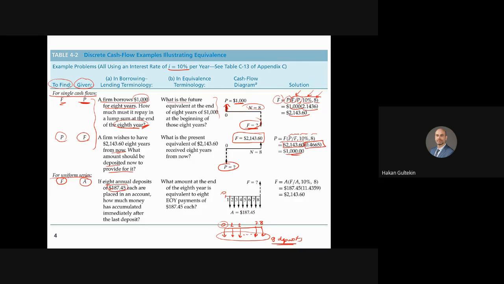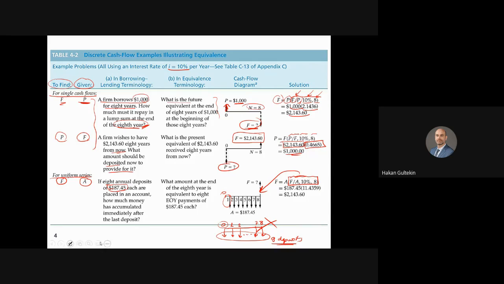And then if you want to calculate the equivalent future value of this one, this formula will not be correct. This formula, this factor over here assumes that the first payment occurs at the end of the first year. So this factor is for this one, not for this one.